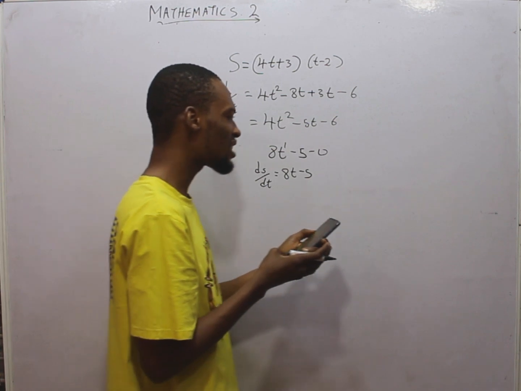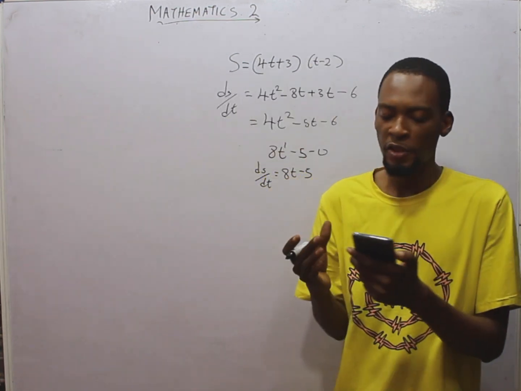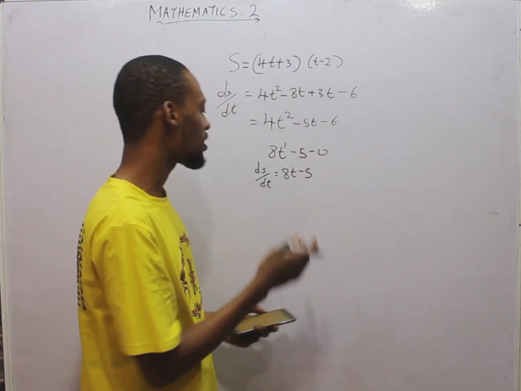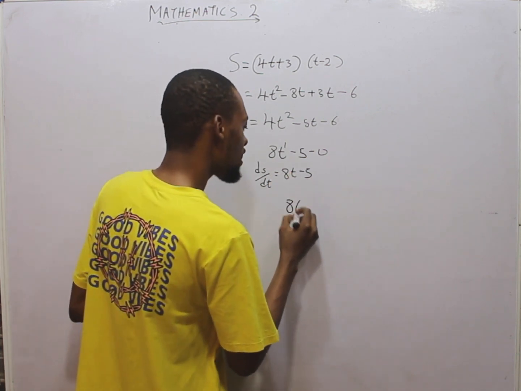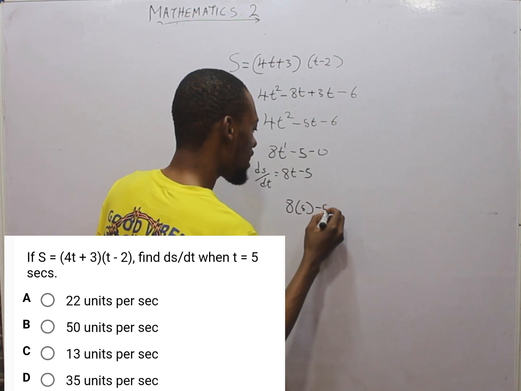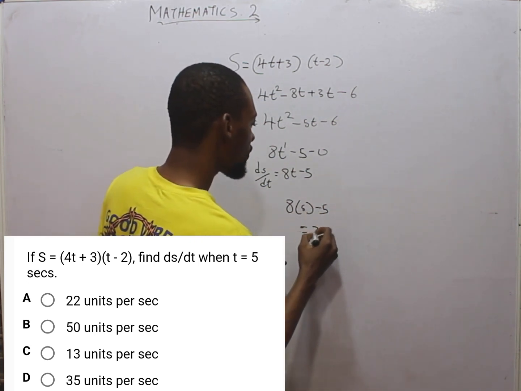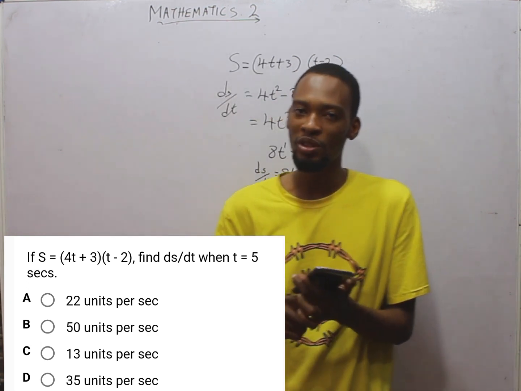This question is not asking us for ds over dt. It says solve for this when t is 5. So if t is 5, instead of t, replace it with 5 to have 8 times 5 minus 5. That is what it is about, and that should give you 35. So option D is the correct option.